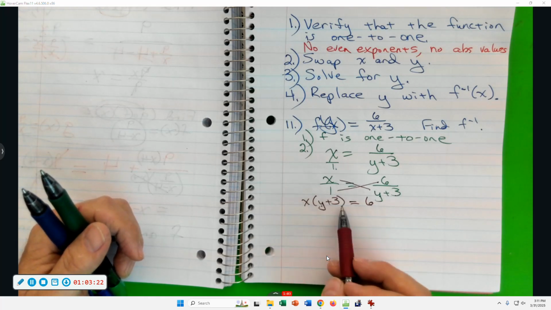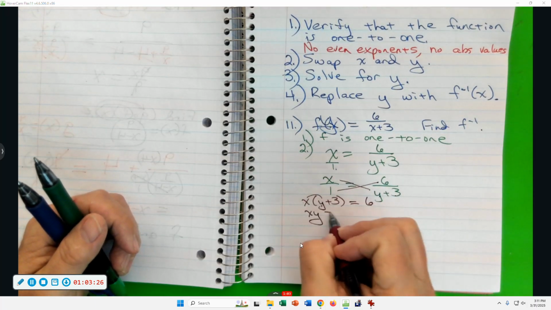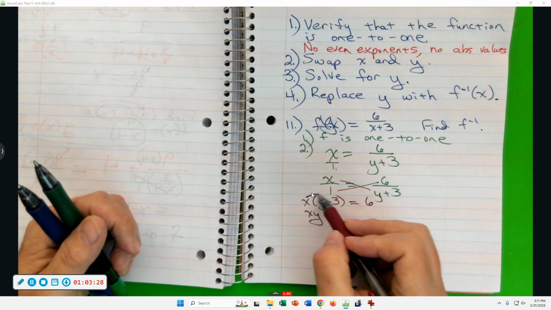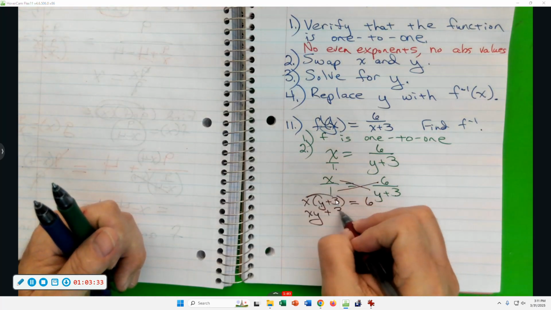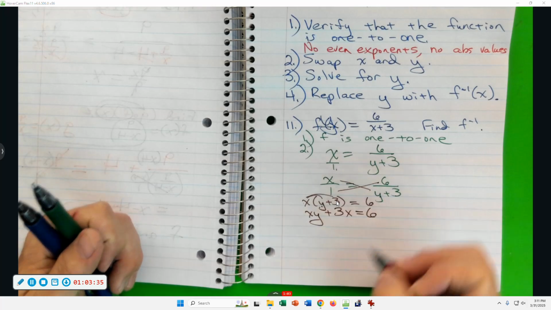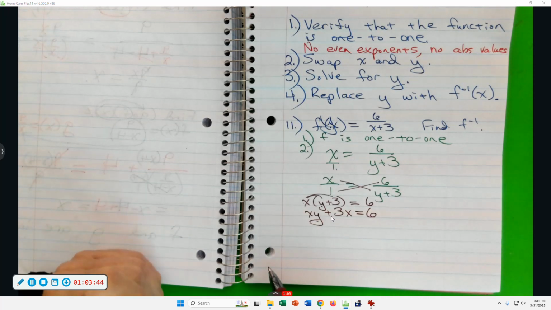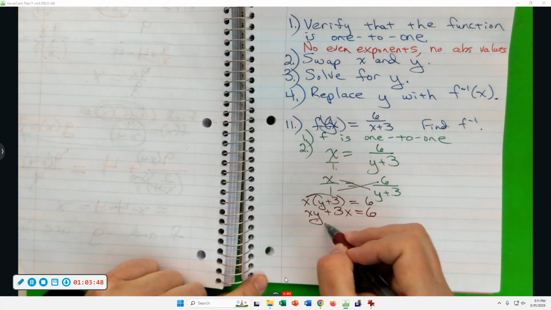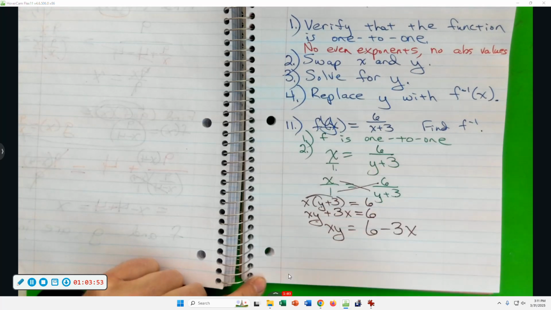If I distribute the x, I'll get an xy, what else, plus 3x. I'm trying to get y by itself. What will I do next to get y by itself? Not yet, no. Subtract the 3x. So we have xy equals 6 minus 3x.